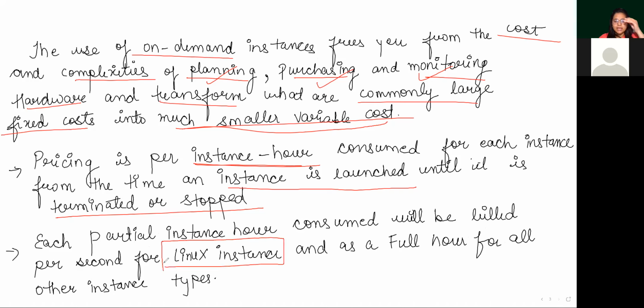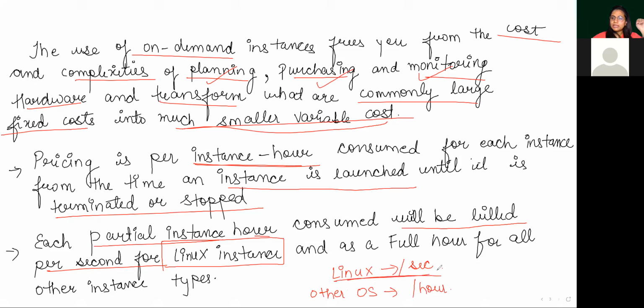meaning you want to design an EC2 instance with the Linux operating system, partial instance hours consumed will be billed per second for Linux. For Linux, the time you are running the instance will be calculated on a per-second basis. But for other OSs, it will be per hour. This is the difference.